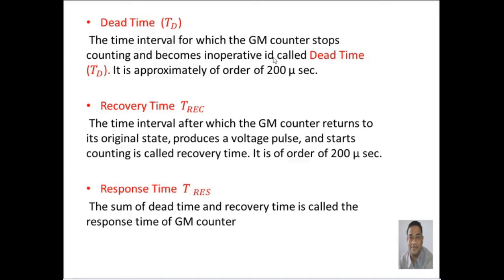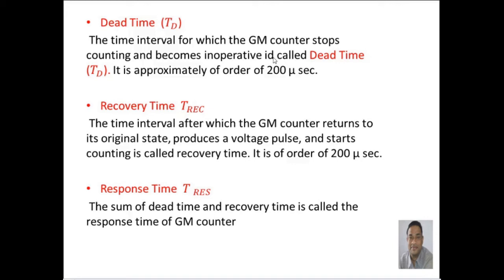Now, when a further electron-positive ion pair is produced and that electron begins to travel towards the anode, on the way it may be absorbed by the positive ion. So the electrons are now not able to reach the anode, and since electrons are not able to reach the anode, there is no current, and since there is no current, a voltage pulse may not be produced, and in the display there will be no counting.